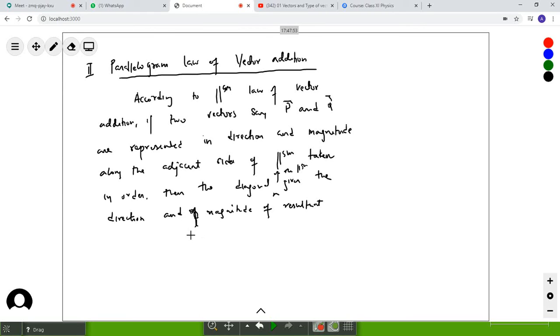The diagonal of the parallelogram gives the direction and magnitude of the resultant.